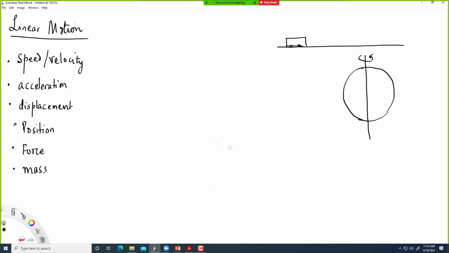For speed, how fast it is revolving, instead of calling it speed, we call it angular speed. For acceleration, how fast the angular speed is changing, we use the term angular acceleration.